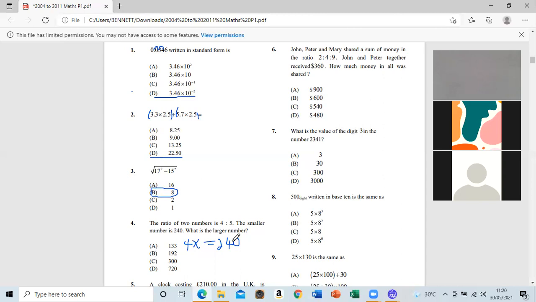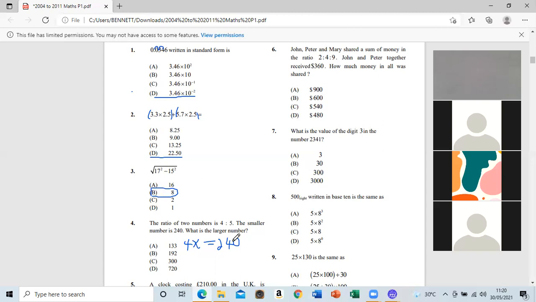Sorry, guys. 30. Yeah. So if you work out what is 1 share, you multiply the answer by 5, because at the end of the day, the ratio is supposed to be 4 to 5.